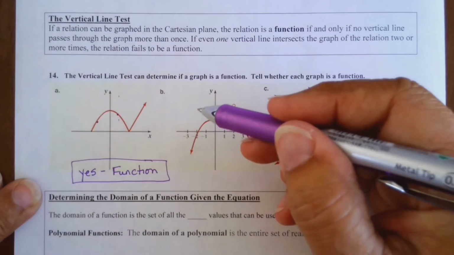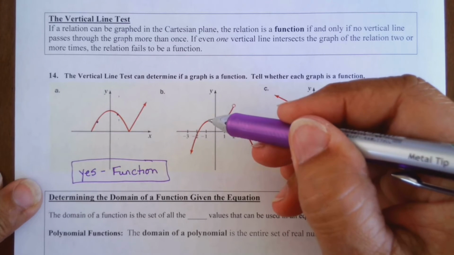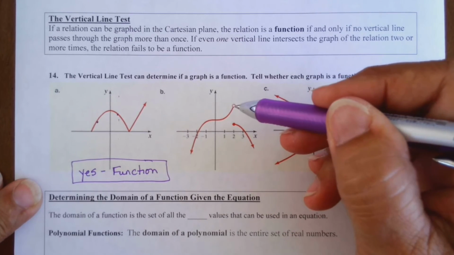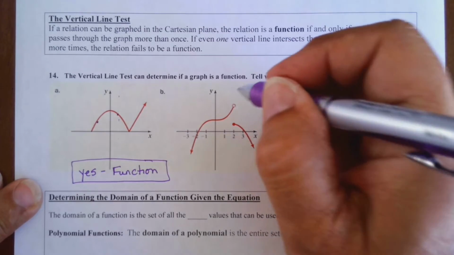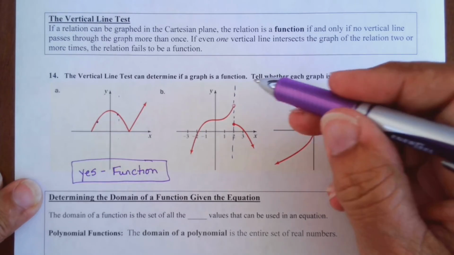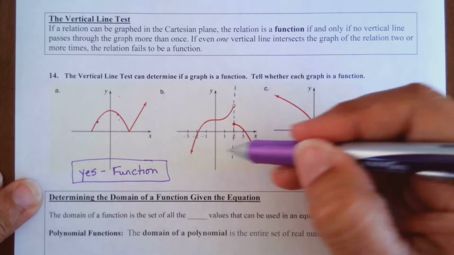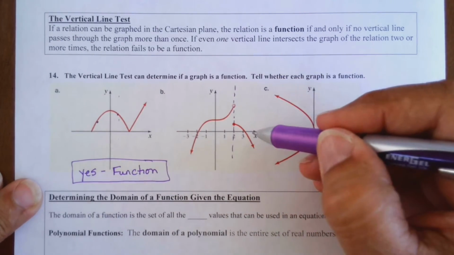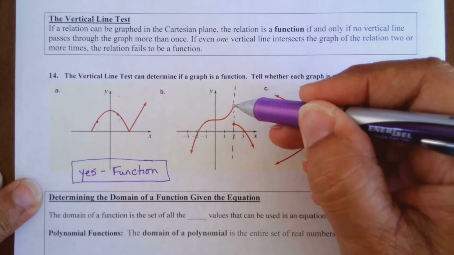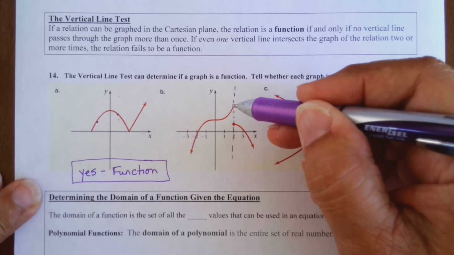No matter where I go, I'm only going to cross the graph at one point. And then right here, because this is an open circle, even if I draw a vertical line right here, it's only going to cross this whole entire graph, because this is one graph, it's only going to cross it at one place, or touch it, because that open circle is not part of the graph.